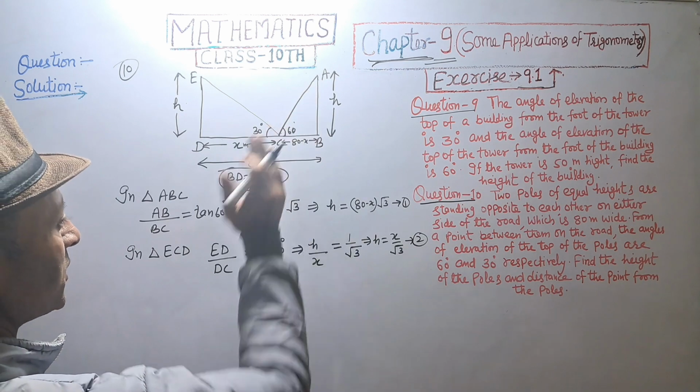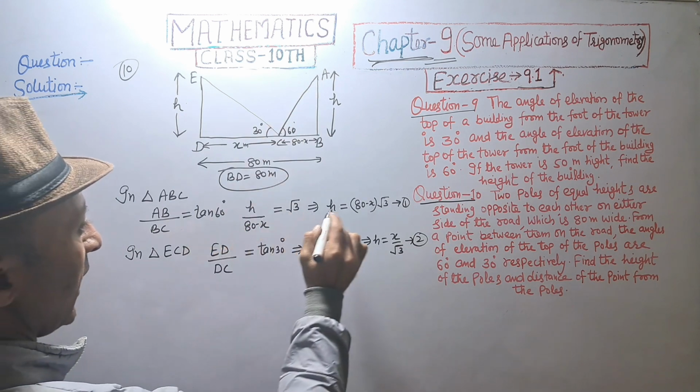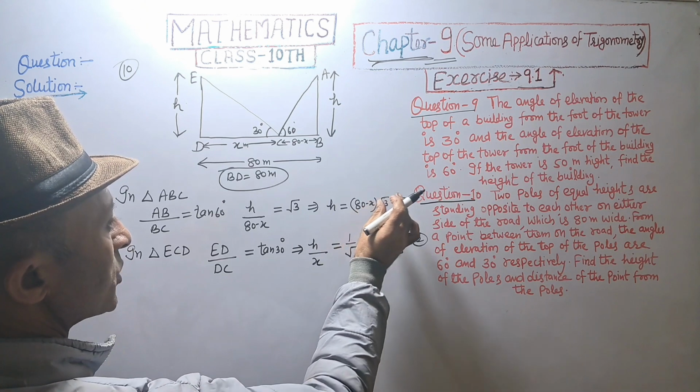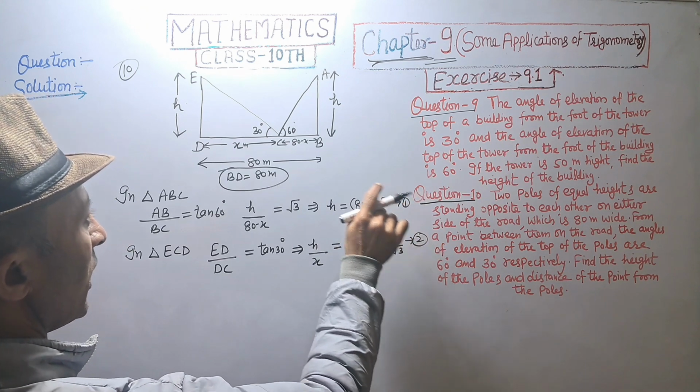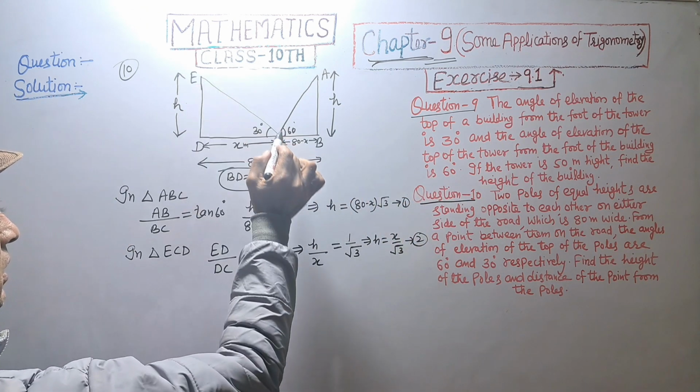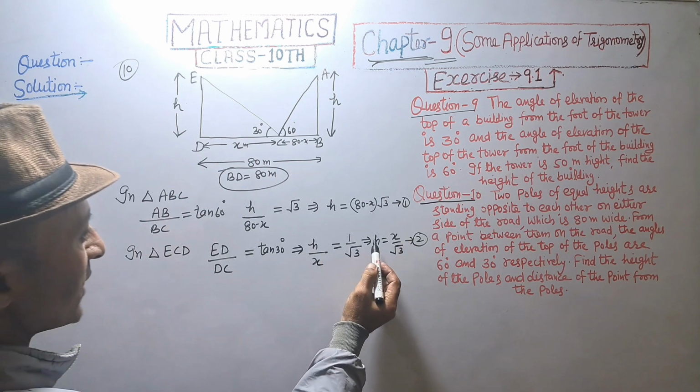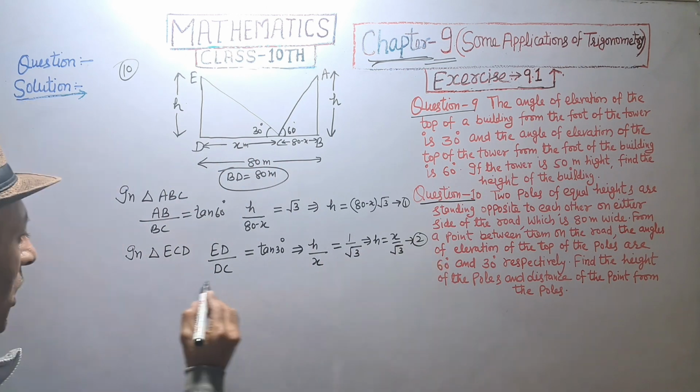In triangle ABC, we get H equal to 80 minus X √3, equation first, and in another triangle ECD, we get H equal to X upon √3.